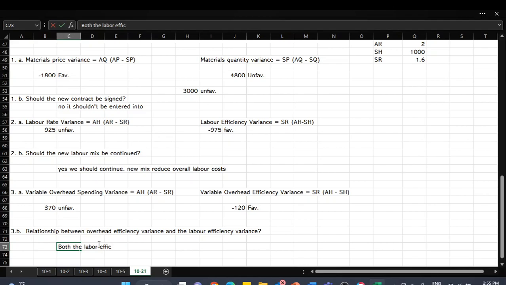Both the labor efficiency and the variable overhead efficiency, I'm not used to this keyboard anymore, are computed by comparing actual labor hours to our standard labor hours.